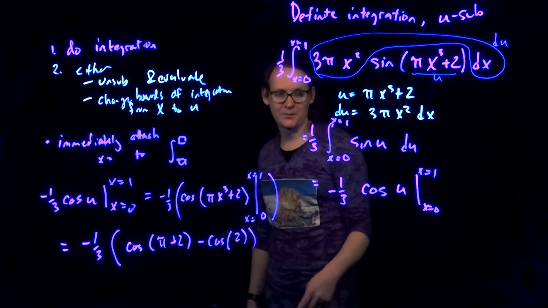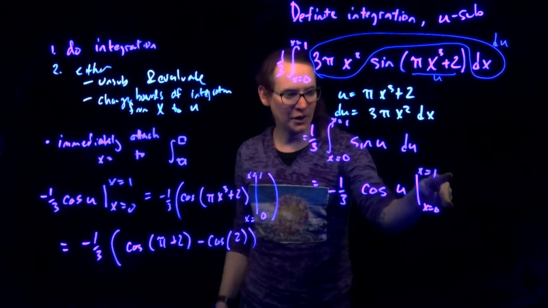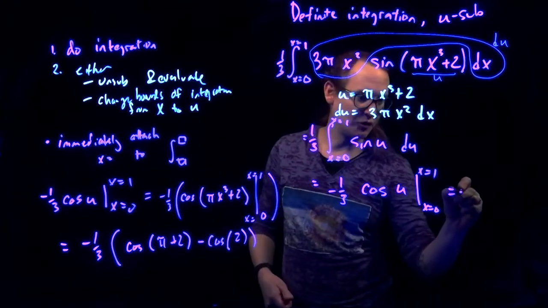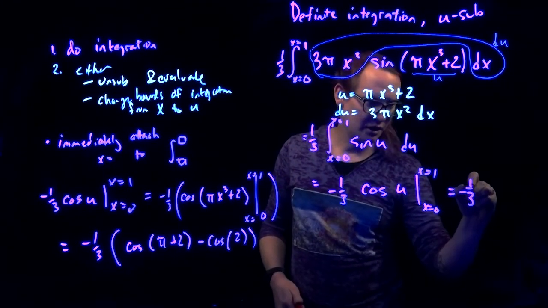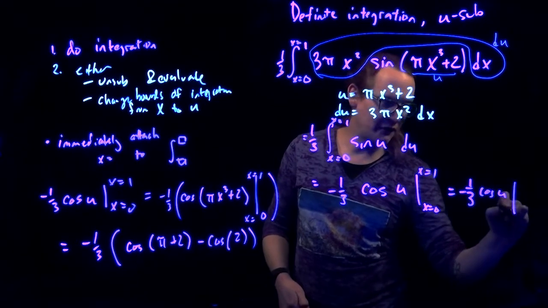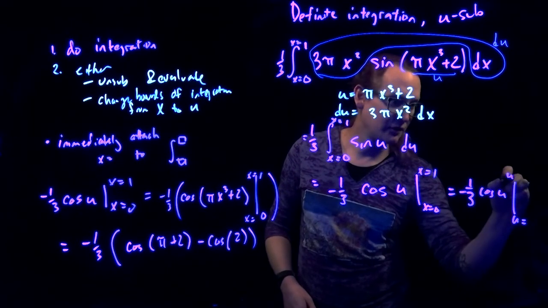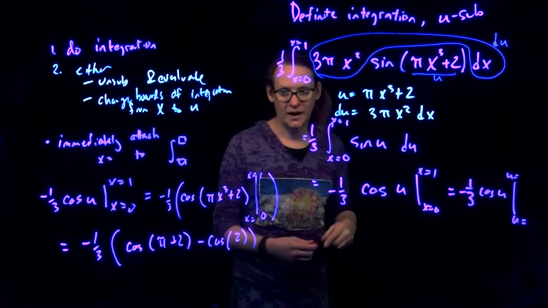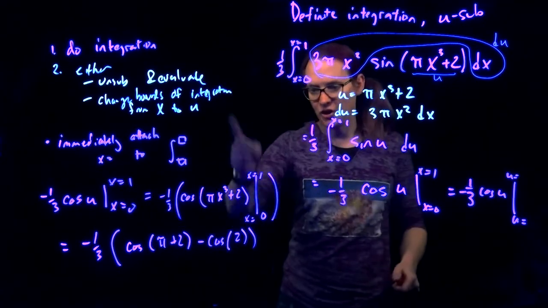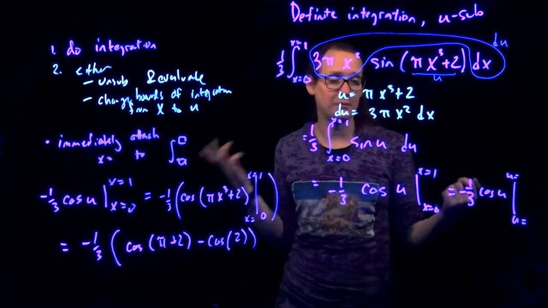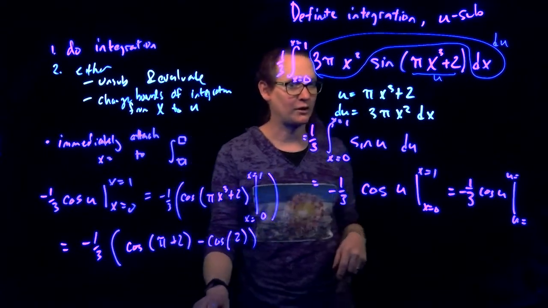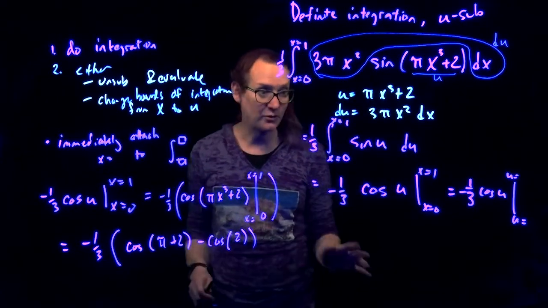So what do I mean by change the bounds of integration? I want to rewrite that this is equal to minus a third of cosine of u evaluated from u equals to u equals, so that I don't have to unsubstitute. And I'm going to get the same number no matter which way I do it, assuming I do it correctly. So here's how we do that.